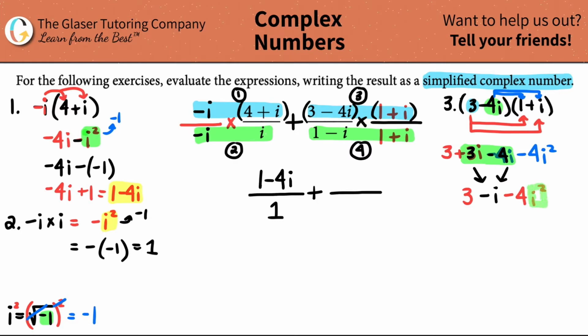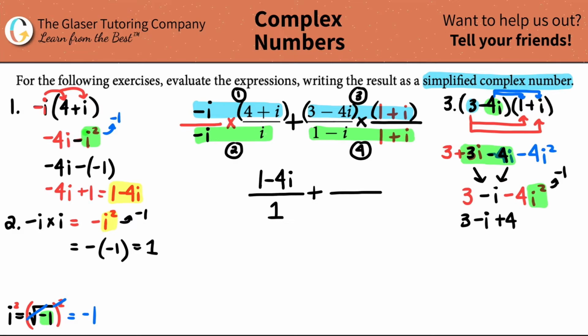And we already know what i squared is, right? i squared is that -1. So this would be 3 minus i minus 4 times -1. -4 times -1 is the same thing as a +4. So I can just make that a positive and get rid of this.